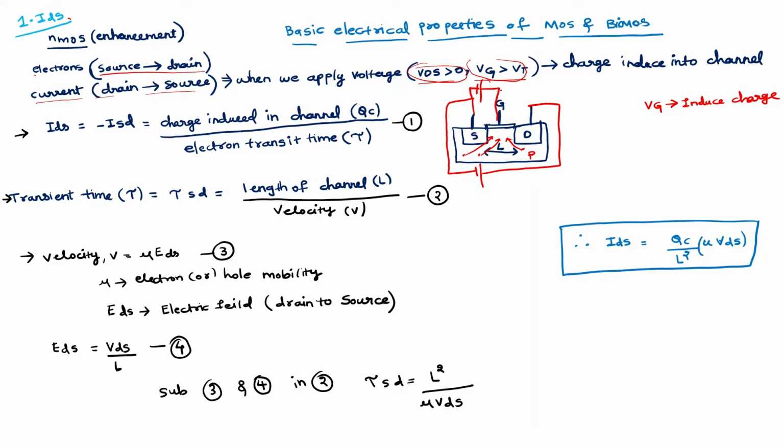This positive voltage will attract the electrons, and this acts as a capacitor, because here will be an insulator, the other side will be the gate, and the downside will be the substrate. So this basically acts as an insulator, and this will attract the electrons. So VG is used to induce the charge.